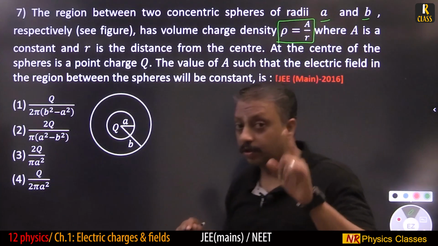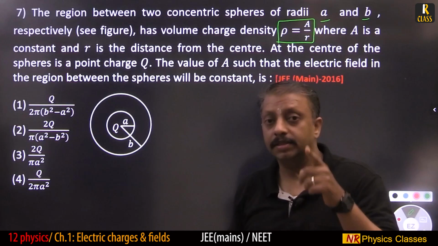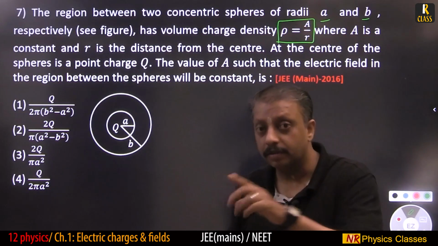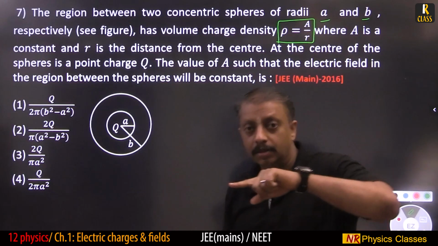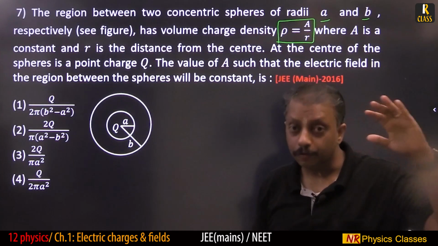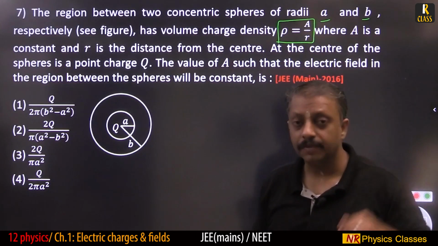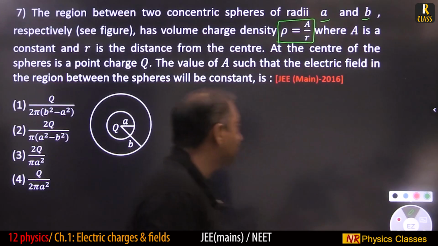Once you know that the volume charge density depends on some other parameter, you know how to solve, right? Please go to the previous video and go through a few cases, work out a few cases. This becomes very easy. Okay, done.